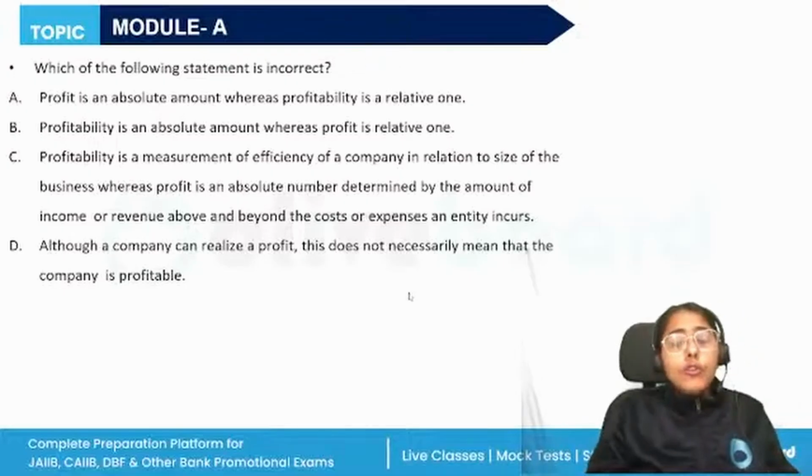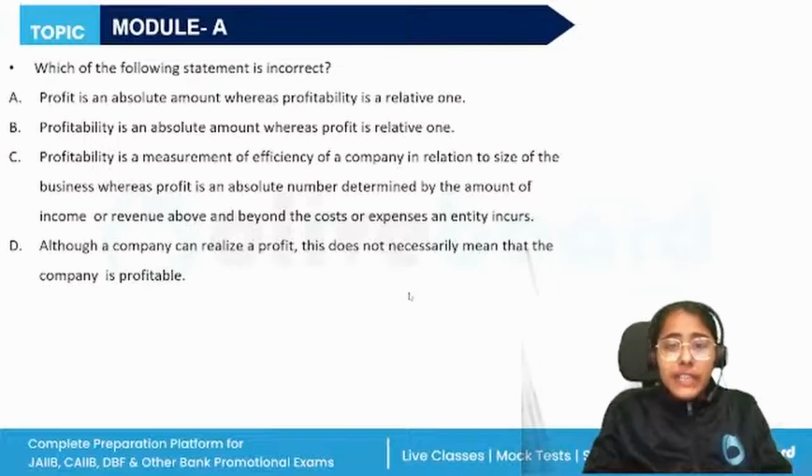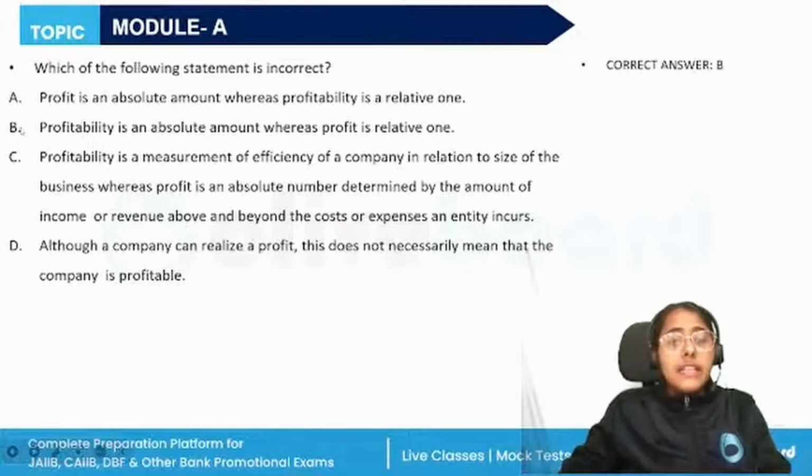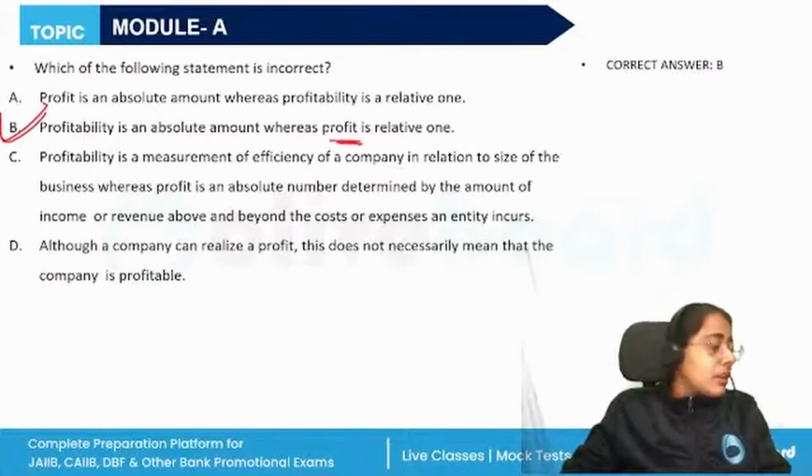So go through all of these statements very carefully and then answer which of the following is incorrect. So the correct answer is option B. Profitability is not an absolute amount, it is actually the relative amount, and profit is the absolute amount.